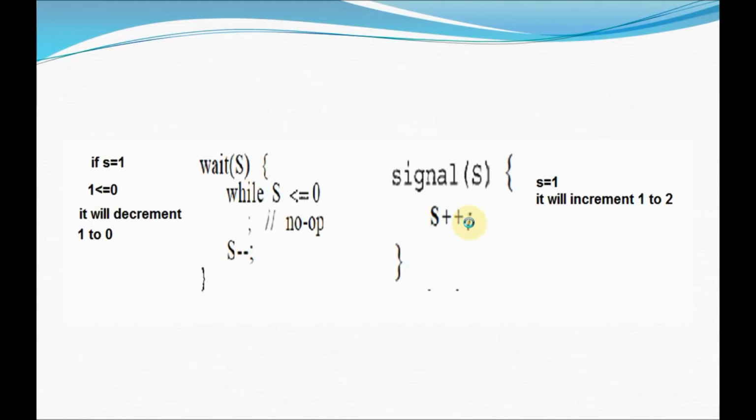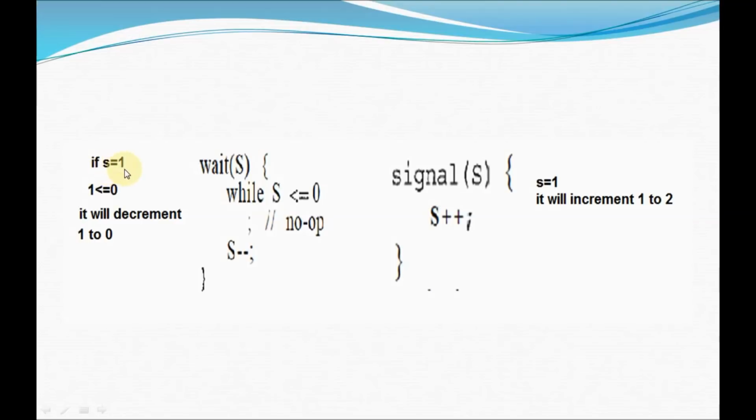See here, I'm taking an example: s is equal to 1. I told you that you can change the semaphore value using only wait and signal. So I will show how I change the value of the semaphore using wait, and also using signal.